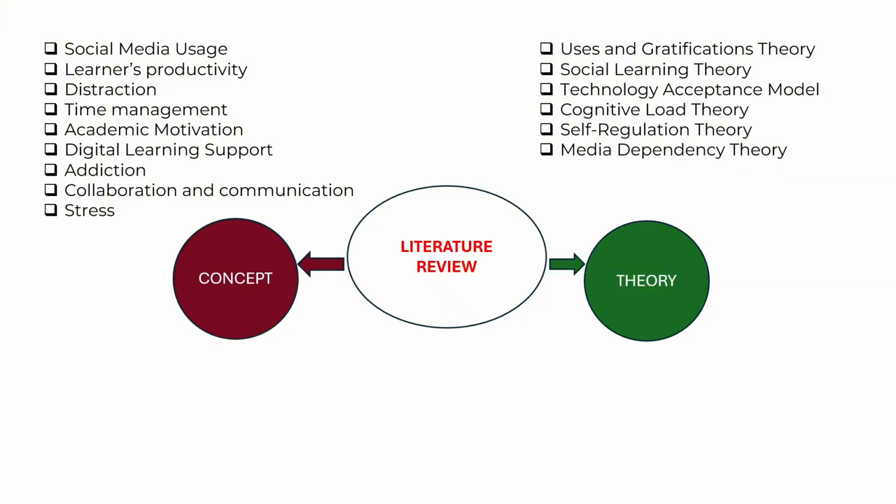An example is uses and gratification theory, social learning theory, technology acceptance model, cognitive load theory, self-regulation theory, media dependency theory. Those are the theories I identified within the literature.